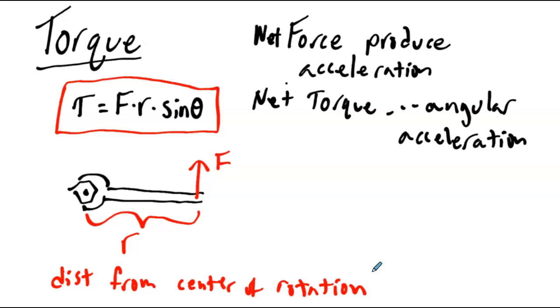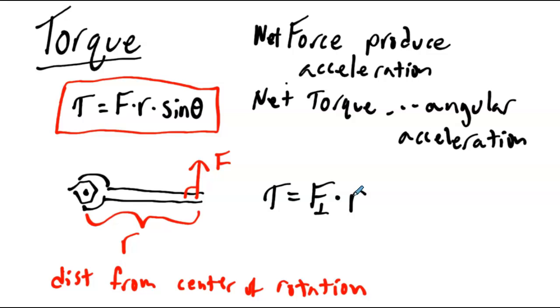Now, if I wanted to simplify my equation, but not have it be as complete, I could say, well, if my force is perpendicular to the distance that I've measured through r, then I can just multiply it. I can say that torque is equal to the perpendicular component of my force multiplied by the distance from my center of rotation as I've measured it.